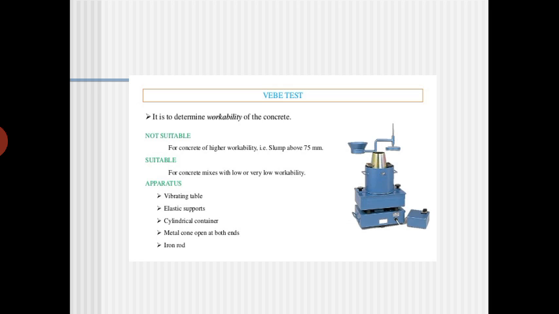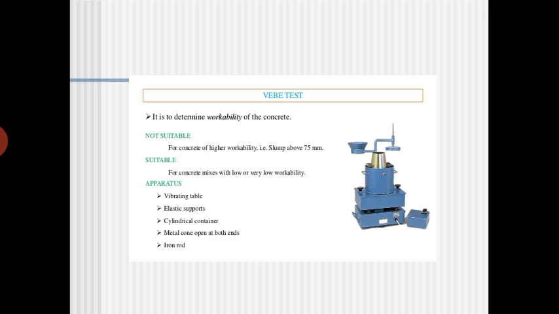It is also not suitable for concrete with very low workability, and not suitable with high workability, which is slump values greater than 75 mm. So the apparatus which you'll use here is the VB meter.